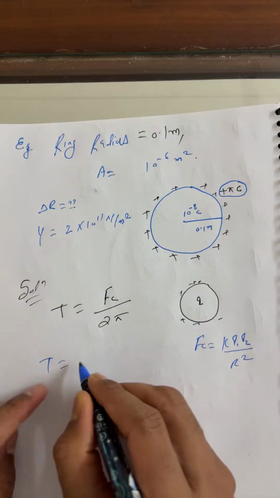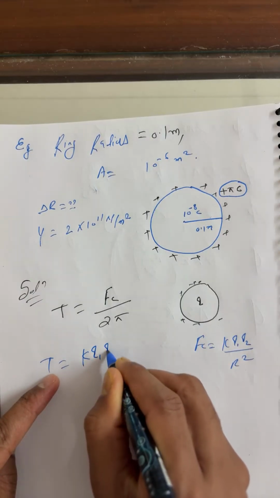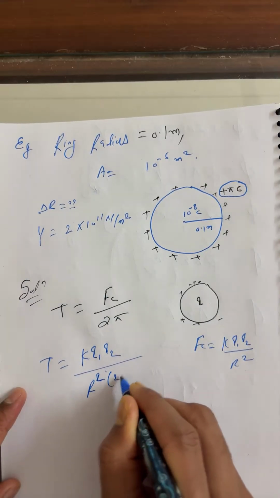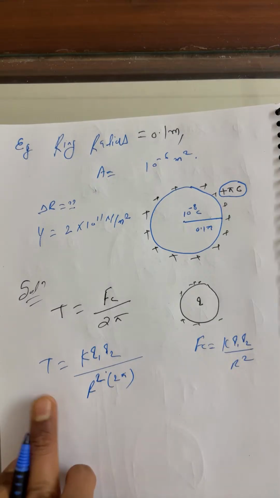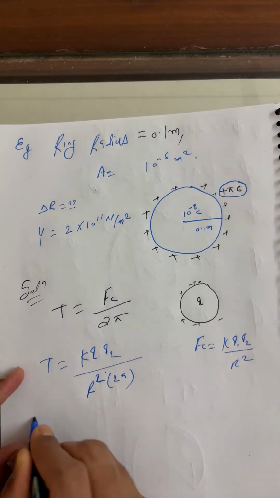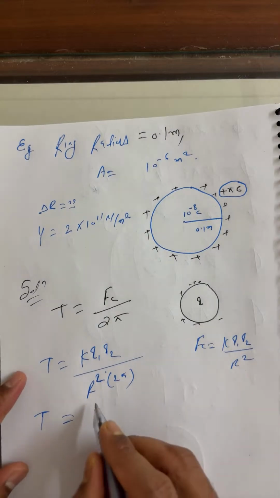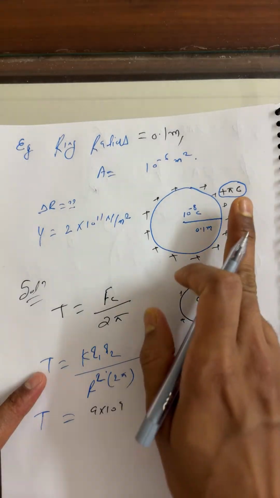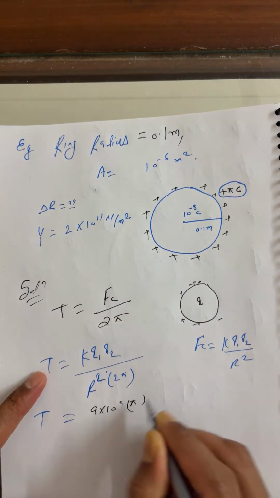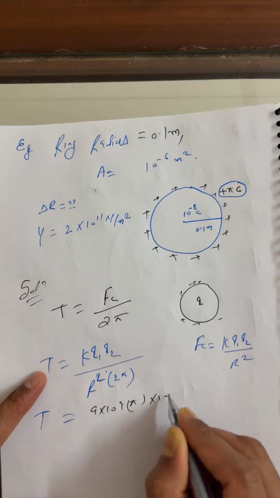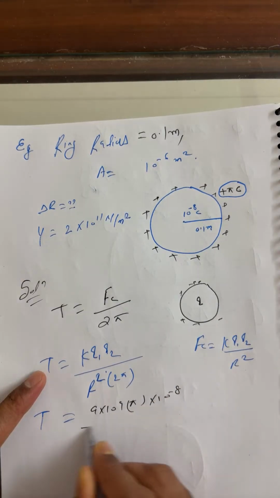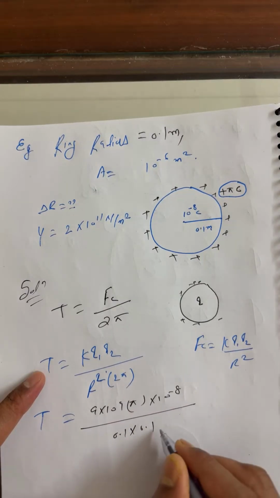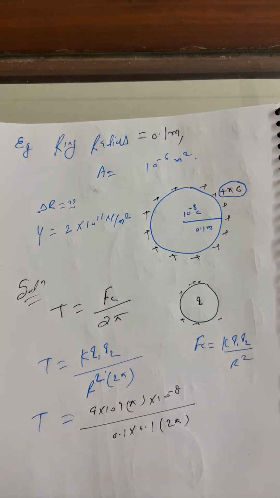So tension is K Q1 Q2 by R square into 2 pi. K you can use as 9 into 10 to the power 9, one charge pi, another charge 10 to the power minus 8 coulomb, divided by 0.1 into 0.1 into 2 pi.